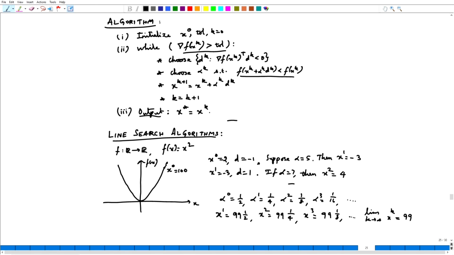So, what this tells us is that alpha of course cannot be arbitrarily large, which we saw from the last example, but from this example alpha cannot be arbitrarily low as well. It needs to be of the right size.